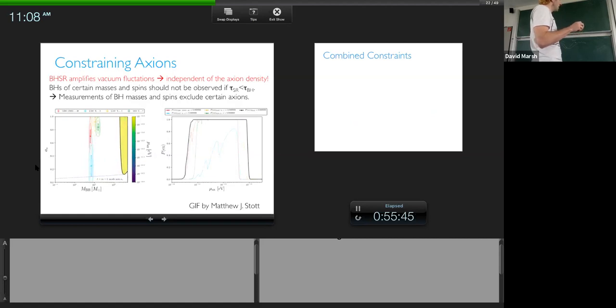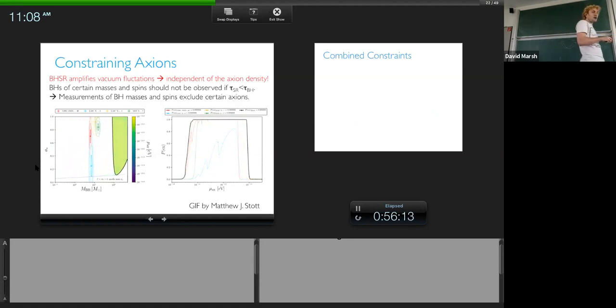He's got the data of observed black holes, just a few to make it simple to see, modeled as 2D Gaussians with no covariance between the mass and the spin. He moves the region across these measurements and shows you what axion mass that corresponds to by coloring the region according to the axion mass in the color bar here.